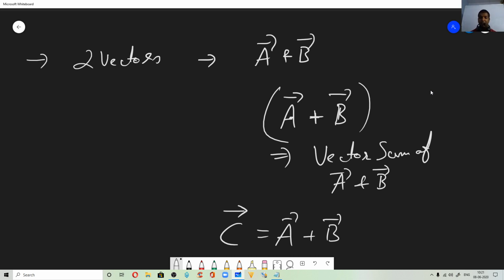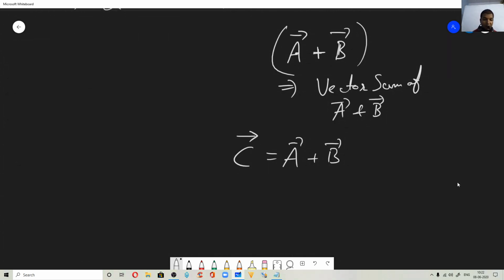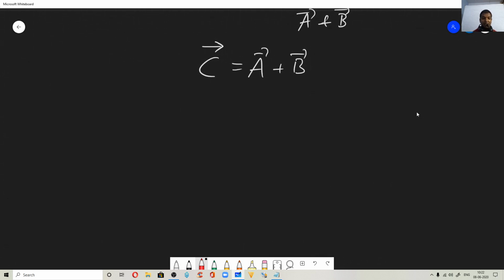Now, how do we get this vector? We need to keep in mind the two important properties of a vector: vectors have magnitude as well as direction. A vector is represented by an arrow. Vector a has some direction, it can be east or anything, denoted by directions or angles.